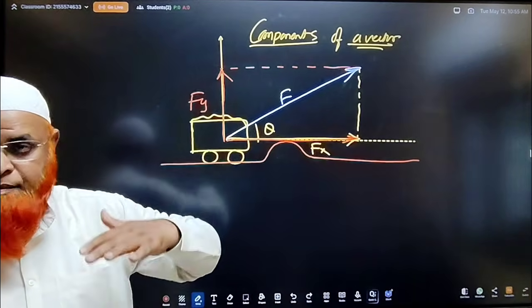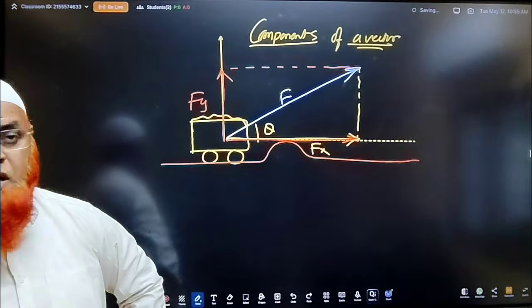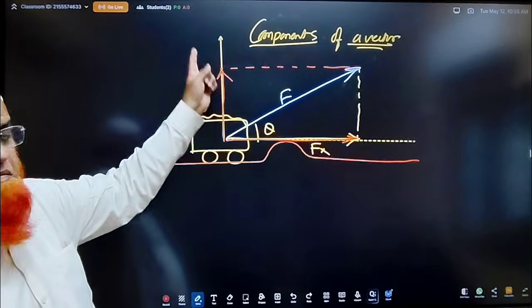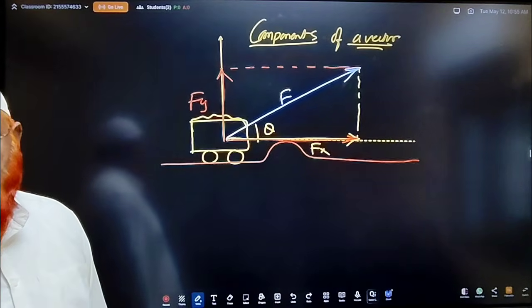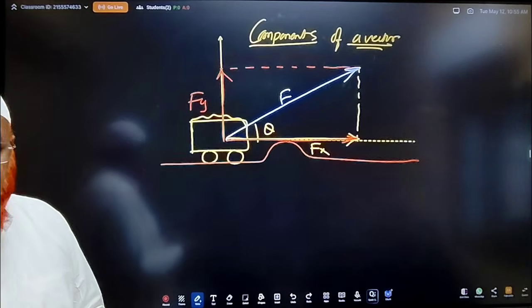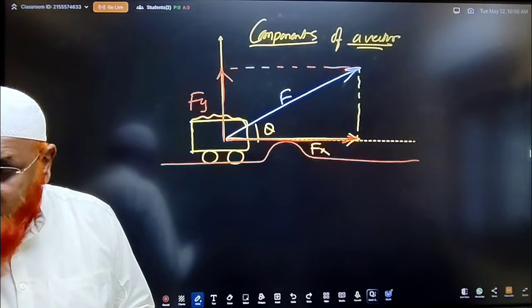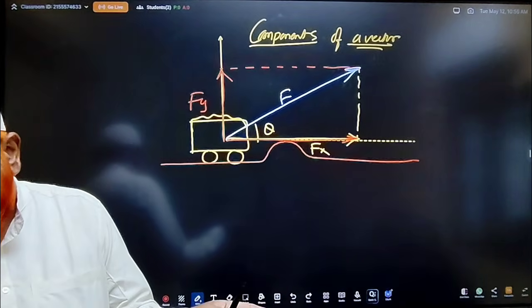Whenever a speed breaker comes, the trolley should be lifted upwards. Who is lifting the trolley? Fy is lifting the trolley. Hope you are understanding what I am saying. Understood? That is called resolving a force into components. Resolving one force into two components.